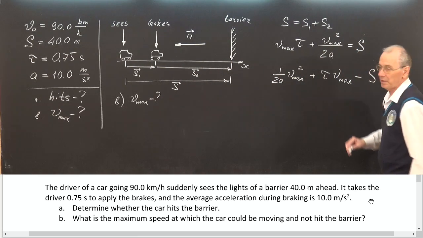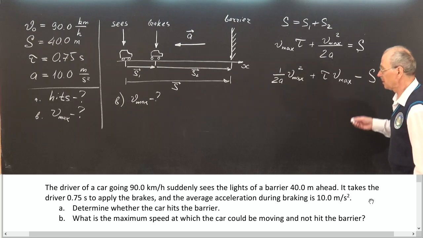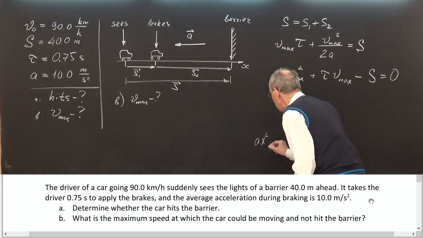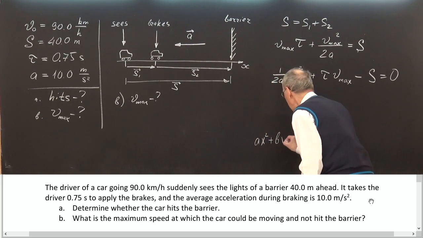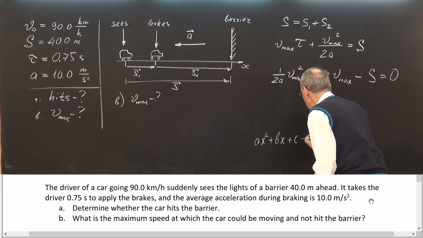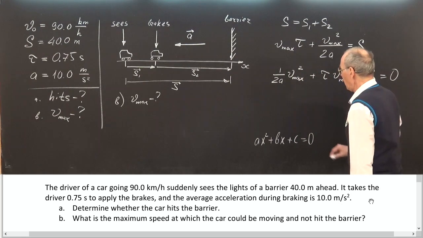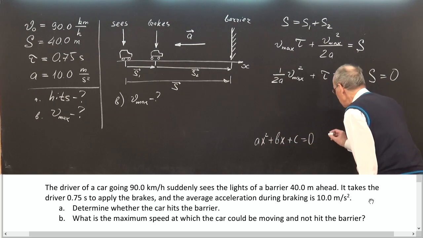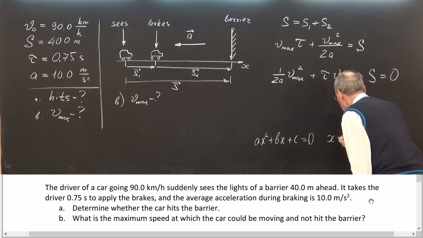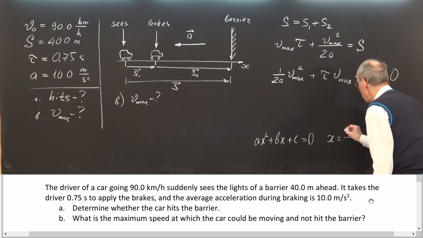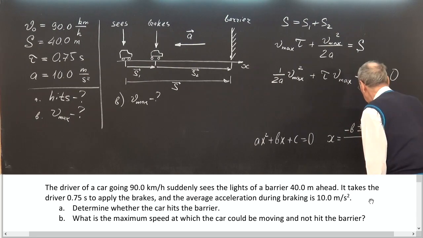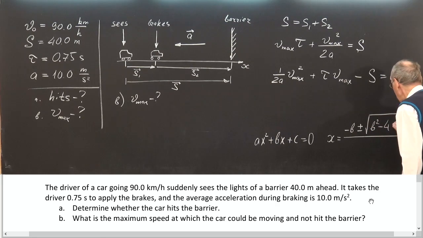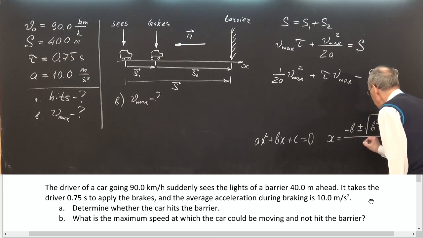Let's compare it with the quadratic equation in the standard form, ax squared plus bx plus c equals 0. The formula for the roots is x equals minus b plus or minus the root of b squared minus 4ac, over 2a.